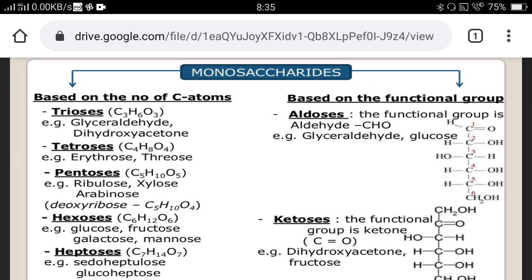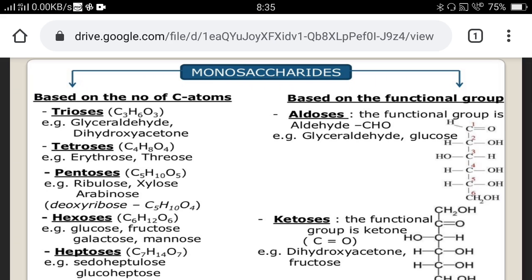Pentose, carbon 5. Example: ribulose, xylose, arabinose, deoxyribose also. Hexose, C6H12O6. Example: glucose, fructose, galactose and mannose. Heptose, carbon number 7. Example: pseudoheptulose and glucoheptose.